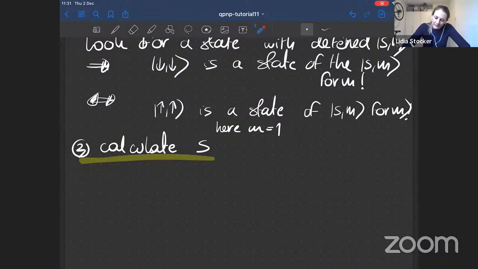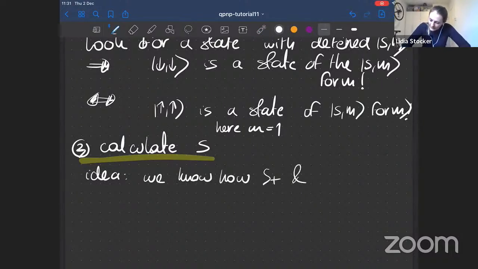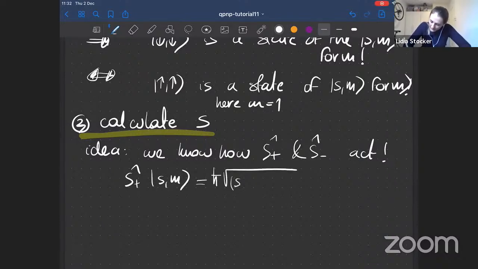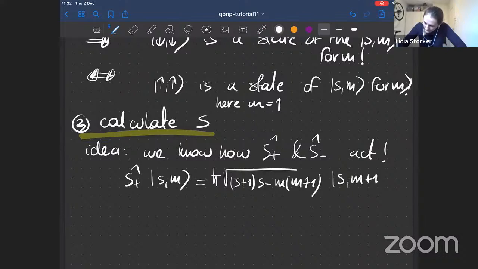How do we do it? The idea is we know how S plus and S minus act. And we know that S plus of SM is equal to ħ square root of S plus 1 times S minus M plus 1, of S and M plus 1.